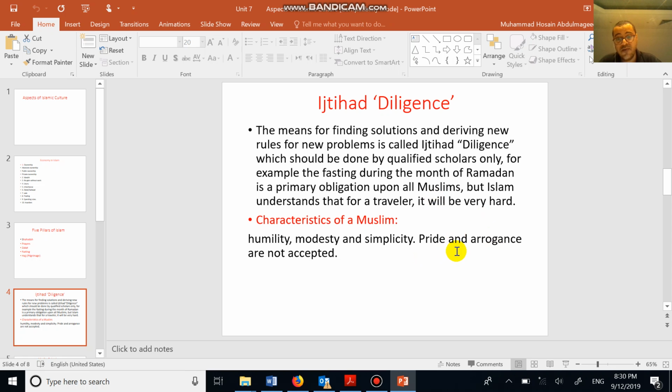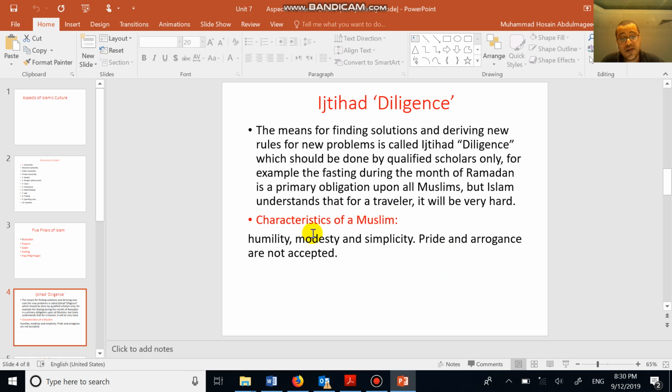This is one of the major examples. Another example is that if you travel from place to place, and you can't pray 4 rak'ahs for Dhuhr and 4 rak'ahs for Asr, you can join them together and pray 2 rak'ahs here and 2 rak'ahs there. So it depends on the circumstances and situation that arise.